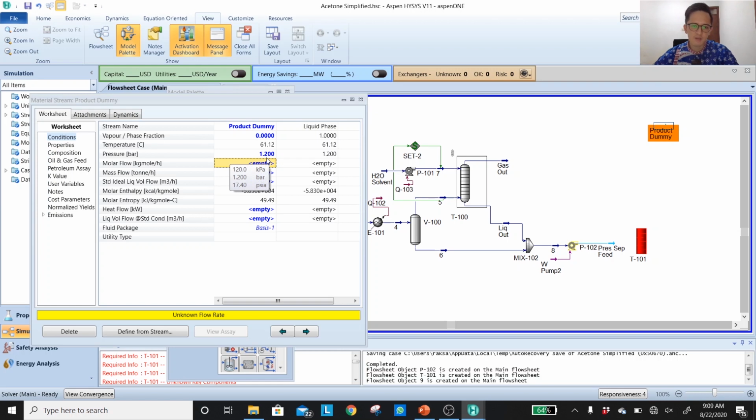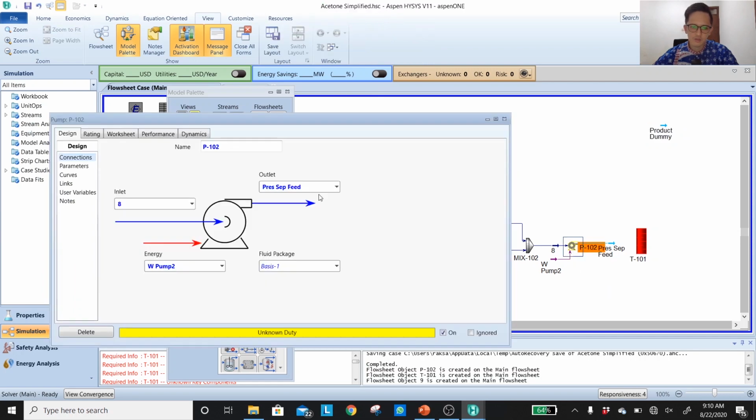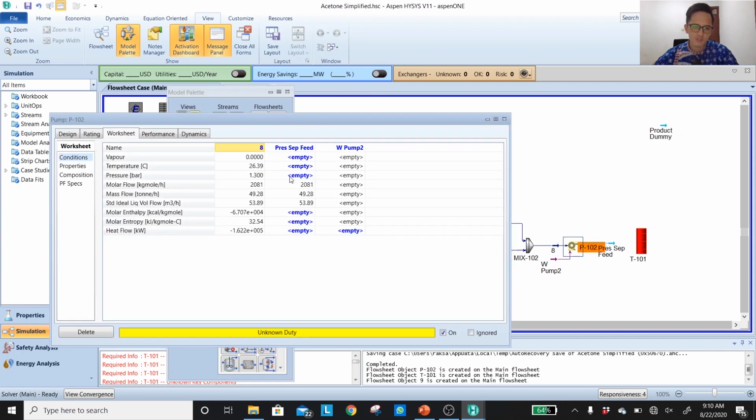So I will use this number, that is my condenser pressure. My reboiler pressure will be 1.2 plus delta P, let's say 1.4, and then the feed pressure will be above those 1.4 bar. So let's say, to round it up, that means I don't really need a high pressure.